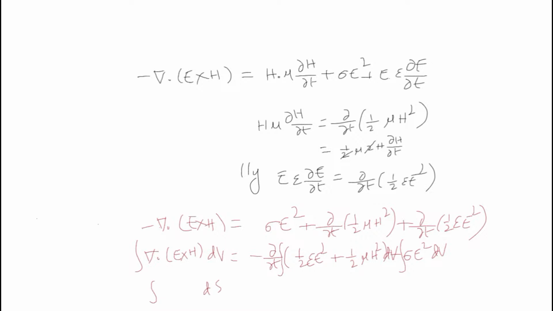As you have a volume integral, this one becomes a closed surface integral, and when you convert the volume integral into a surface integral by using the divergence theorem, you get E cross H dot dS minus dou by dou t of volume integral of 1 by 2 epsilon E square plus 1 by 2 mu H square dV minus integral sigma E square dV.